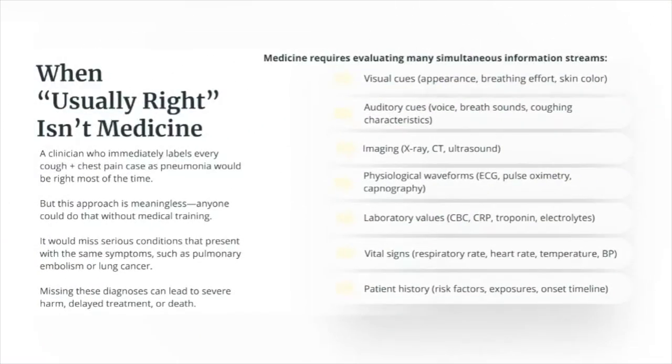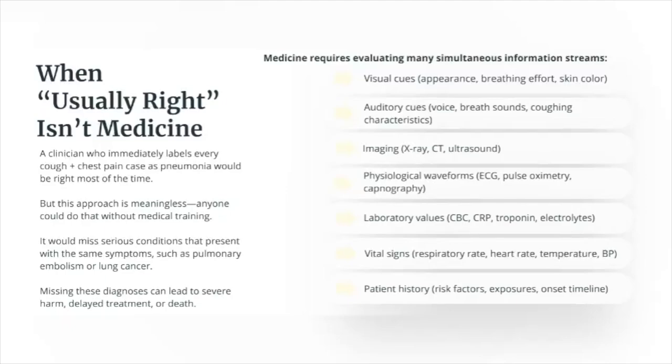Imagine a clinician who hears persistent cough and chest pain and automatically diagnoses pneumonia every time. They would be right most of the time, but that isn't medicine. Anyone could make that guess. It ignores the real work of clinical reasoning. This one diagnosis approach would miss serious conditions with the same symptoms. A pulmonary embolism may start with only cough and chest pain, and calling it pneumonia could delay life-saving treatment.